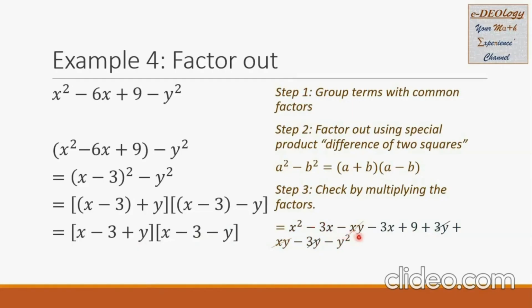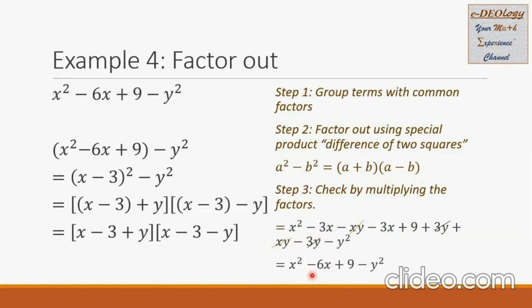This negative xy, there is a positive xy down here that we can cancel both of them. Also look at the positive 3y. There is a negative 3y in here, so both terms are cancelled. And then we will collect what will remain, the x squared. Then we have this negative 3x and negative 3x.